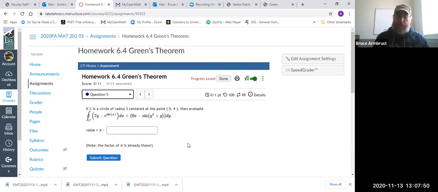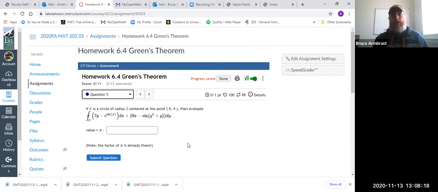All right, so let me go ahead and write this down so that I've got it handy. So let's think about what our options are here. We could start by parameterizing the curve, right? I mean, it's just a circle after all. Yes, it's centered at (0, 4), but we can still parameterize it.